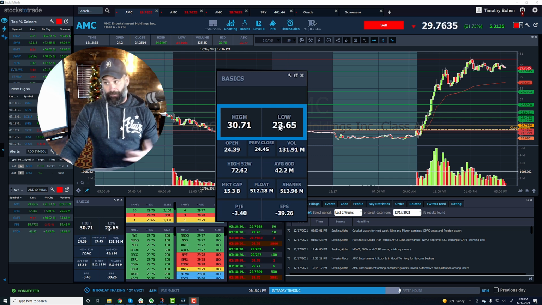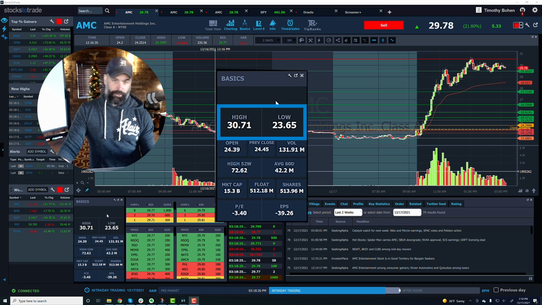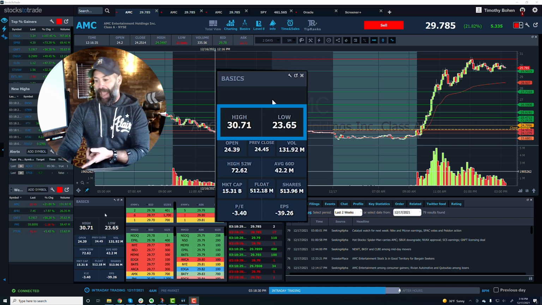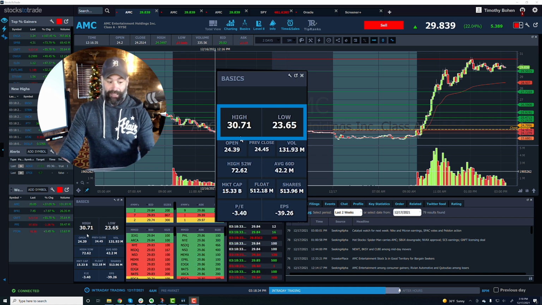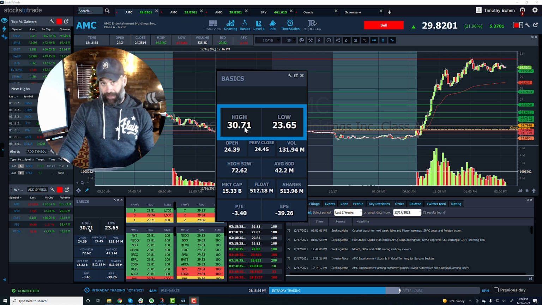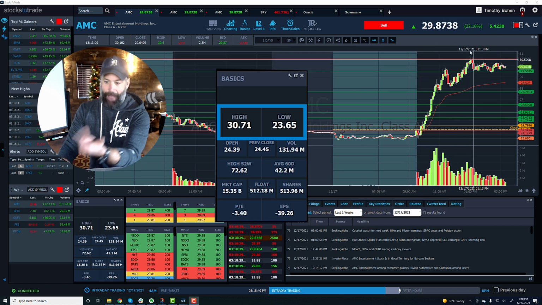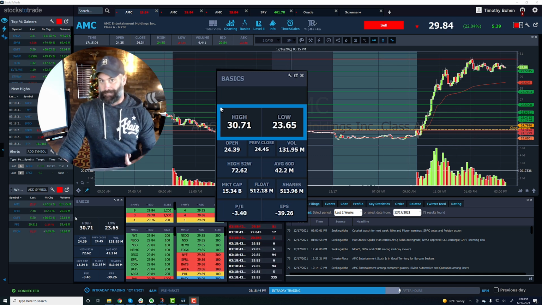And I care about that high of the day particularly, because if you're familiar with the dip and rip morning setup, as well as the afternoon VWAP hold, those are both keying off the high of day level. So you always want to know that high of day level for your stock, because those are the explosive levels. If AMC happens to break 3071 during this video, you'll see a response.